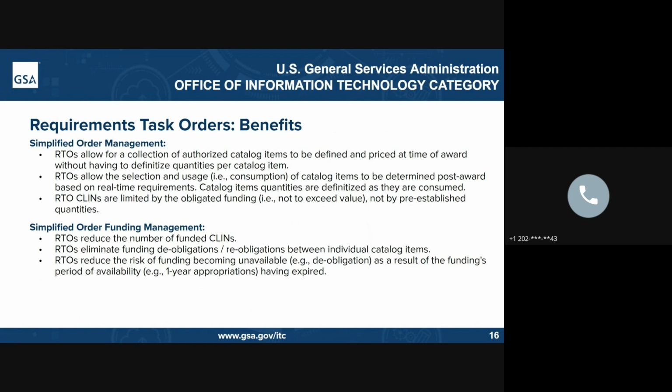They allow for the selection of the catalog items based on your real-time requirements. And what I mean by that, if we look back to the examples we had on the requirements task order for the scope was cloud computing, you remember that we had small, medium, and large servers.